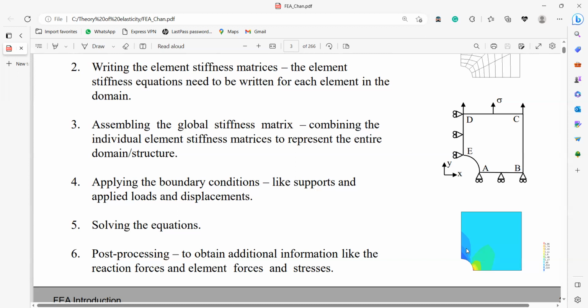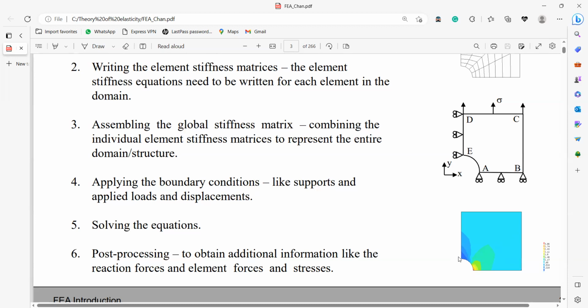What we observe here is that on this side, it is subjected to tensile forces or tensile stresses, whereas this side is subjected to compressive stresses.